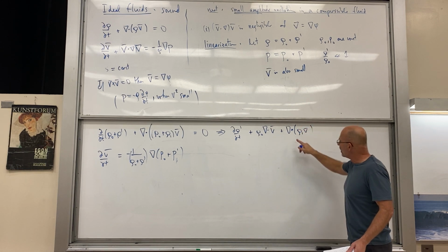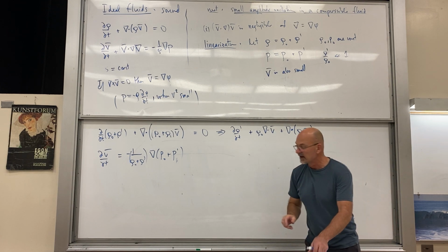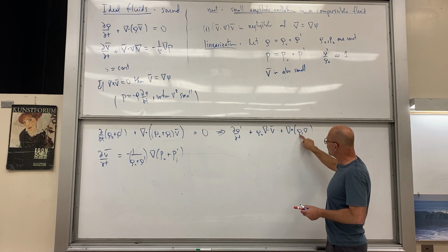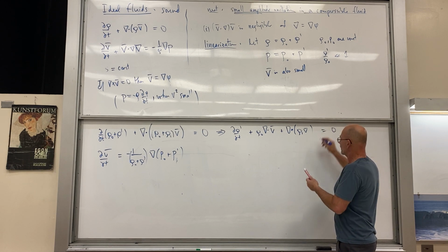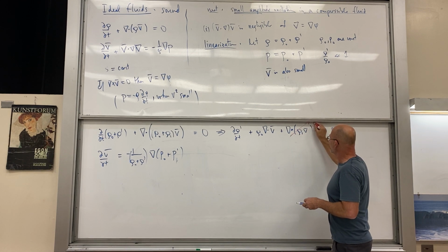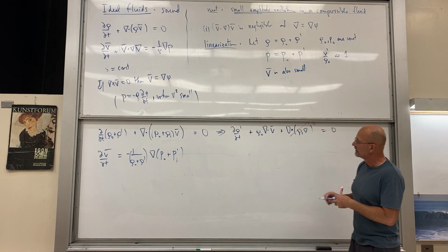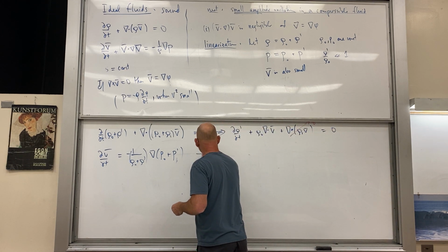But this is small to second order, okay? Because v itself is small, rho prime is small. So this we can get rid of. So how about the second equation here?